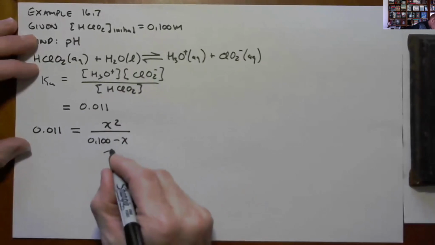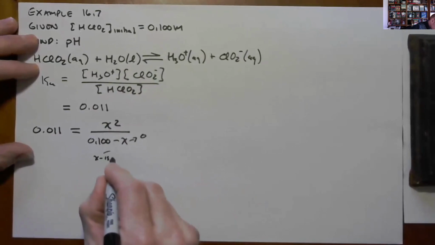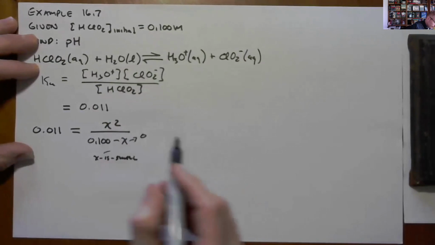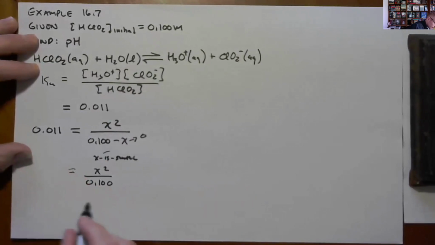Now, we're going to invoke the X is small approximation here, but we'll see that we really can't get away with it because this is so large. So nonetheless, we'll solve this system. X squared over 0.100 equals that.